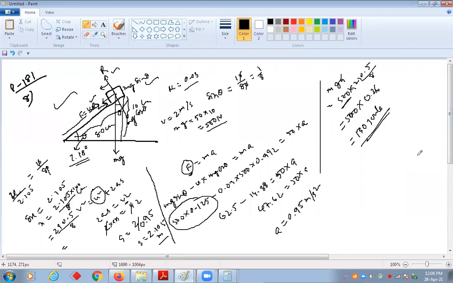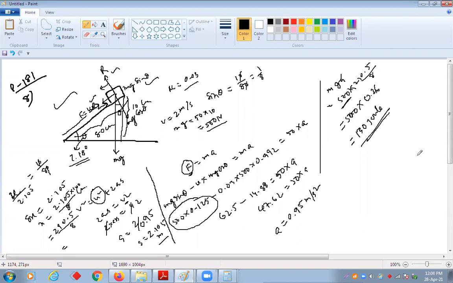Exercise 8C, page number 181, question number 8. The answer is there. What are they asking? Part b is 2.10 meter.